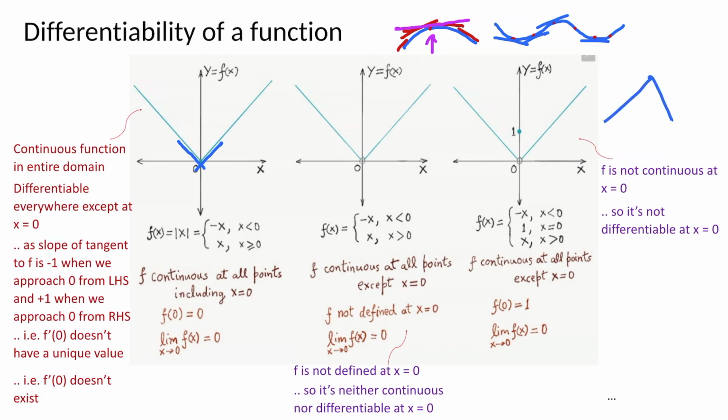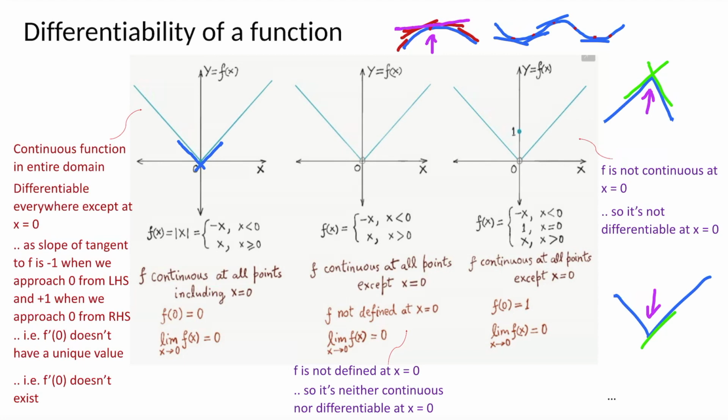But if you look at another function which has a curve which takes a sharp bend, something like this or something like this, and you look at the behavior of the function at this point where it takes a sharp bend, and you look at the slope of the tangent to the curve, you will see that as you approach that point from the left hand side, you get a different slope of the tangent compared to what you get as you approach that point from the right hand side. And the same is true here.